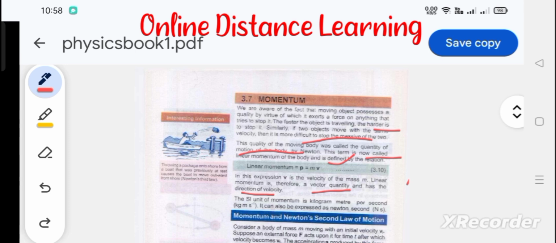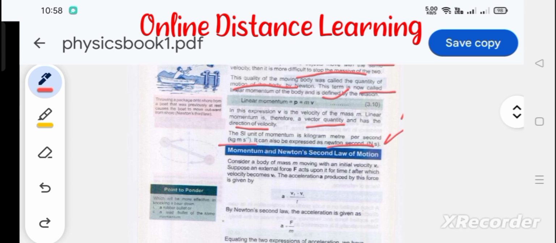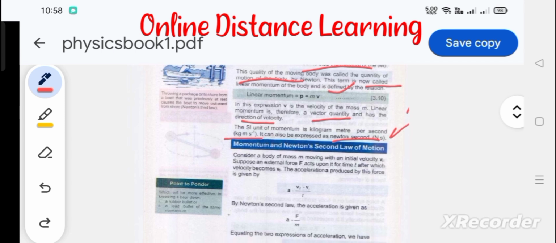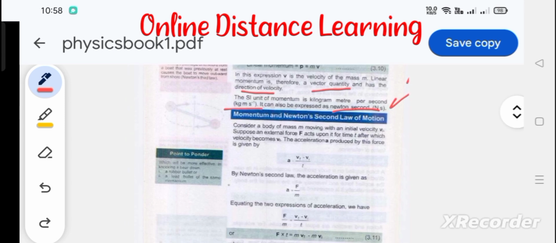Mass is scalar and v is vector, so it is a vector quantity. The SI unit of momentum is kilogram meter per second, kg m/s, or it can also be expressed as Newton seconds.